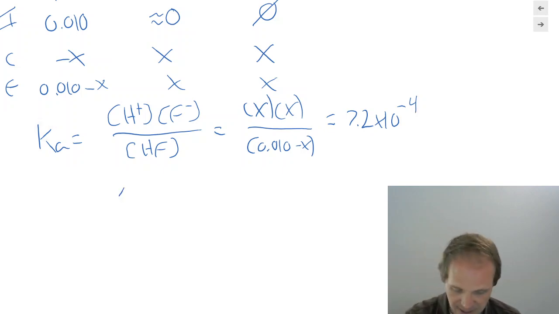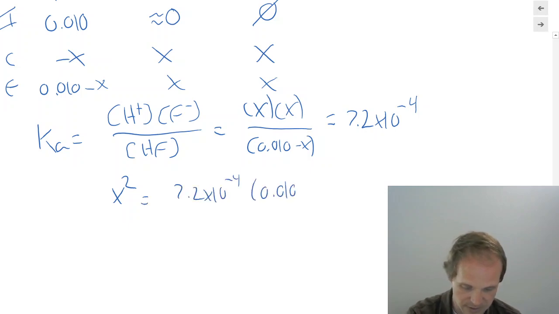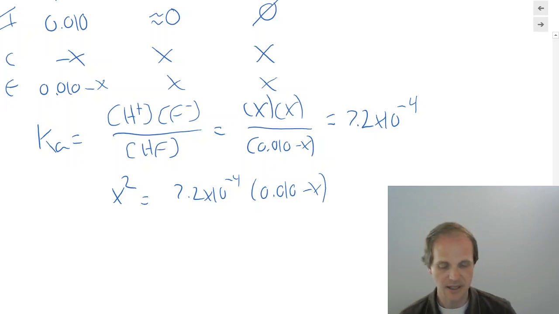We get x squared is equal to 7.2 times 10 to the minus 4th times 0.010 minus x. And then we have to multiply all of that out. I'm not going to show you all the work for this one. Hopefully you can do the work for this one, do the quadratic formula. We've had some experience with that from the equilibrium chapter.